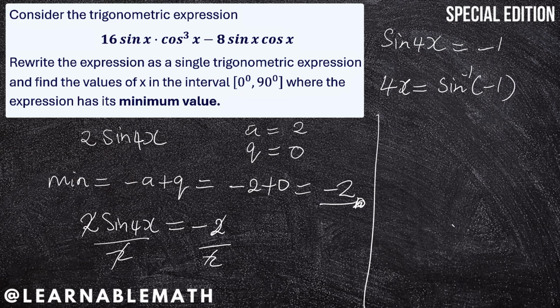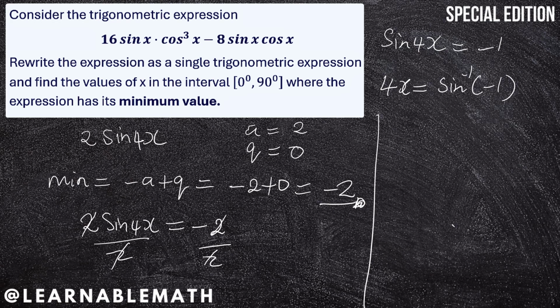So what I can do at this point, I can rather go and find my, what's this, they call it critical angle. Is it a critical angle? I think that's how it's called. But other than that, I can just say 4x equals arc sine of minus 1 and punch it in a calculator, right, and see how many I will get.